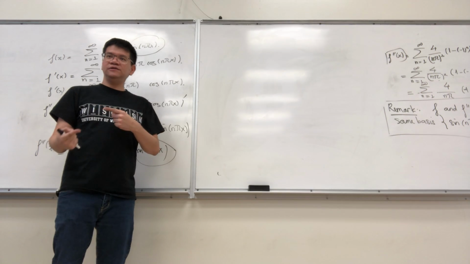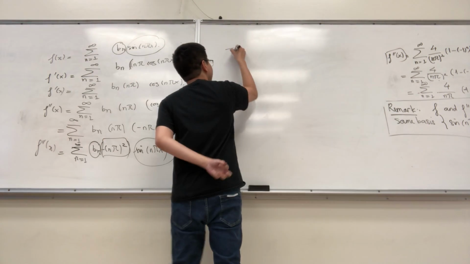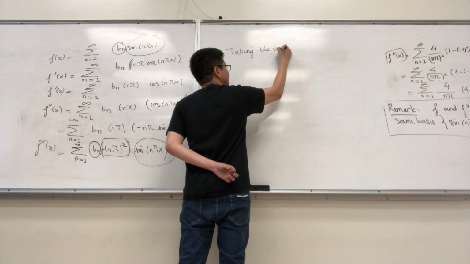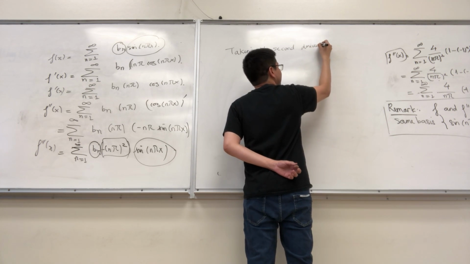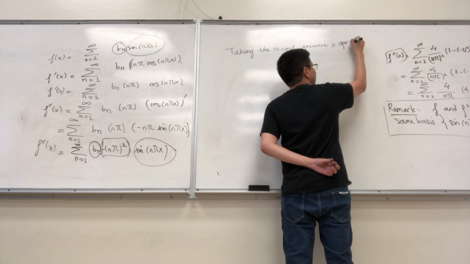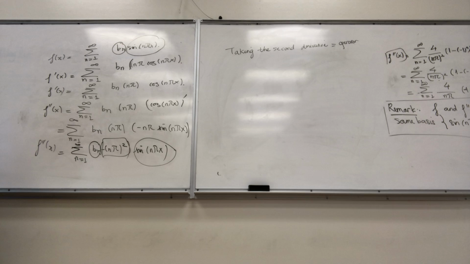So in this action, the second derivative is called an operator. So taking the second derivative is an operator. Right? So the fact that you are taking the second derivative, you call it an operator. All right?